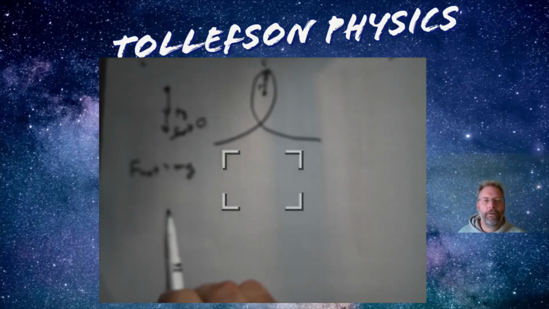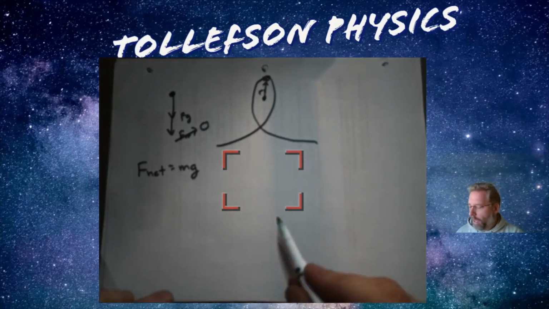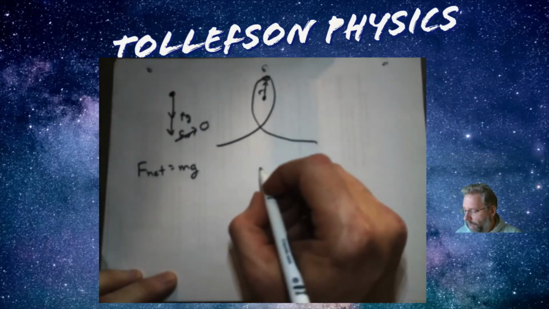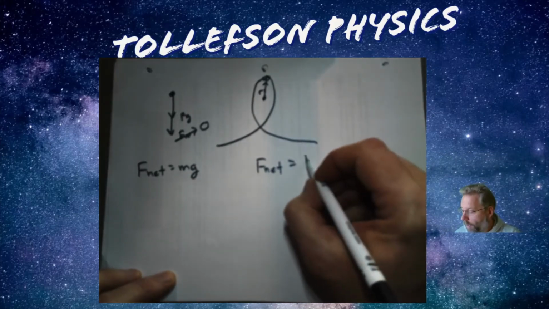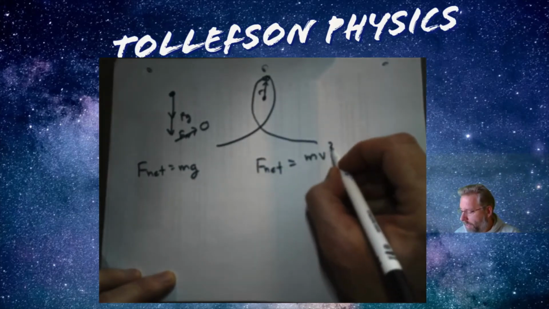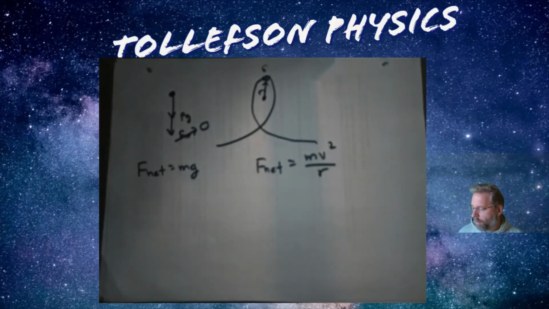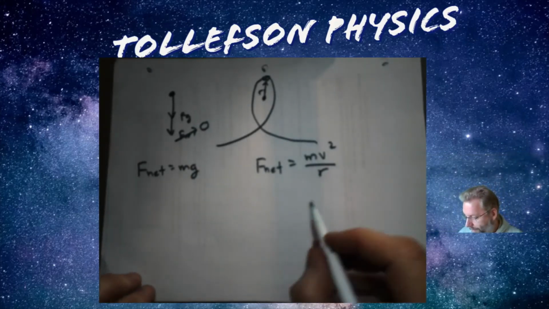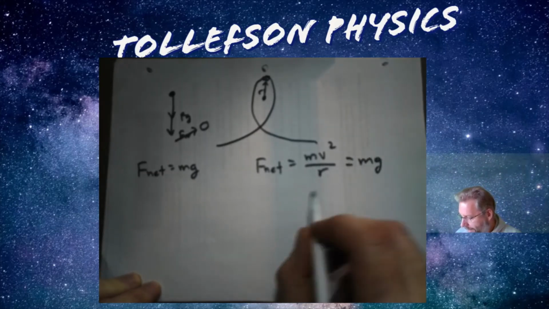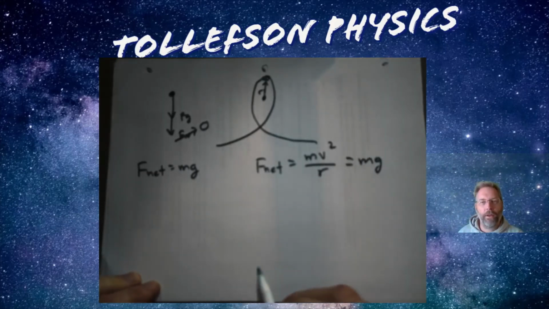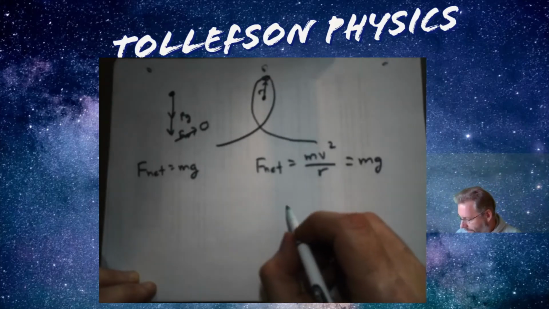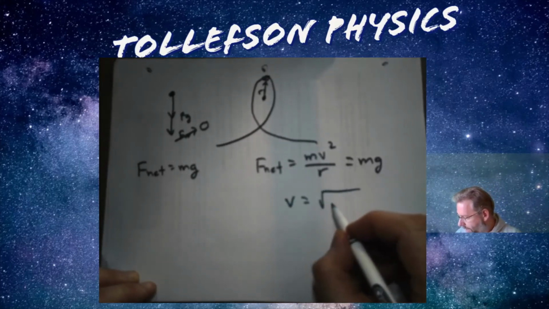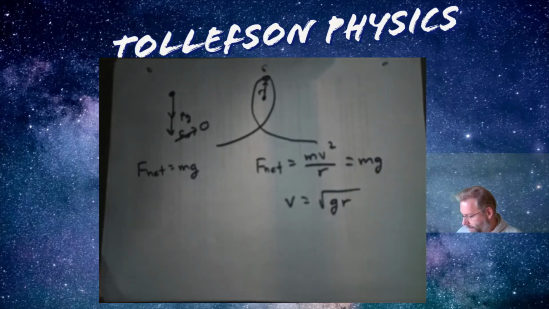Then I can use the other part of this: the net force due to traveling in a circle is the mass times the velocity squared over r. That's interesting. I'm going to get basically a similar result. It's the same setup as before, even though it looks like a different situation. Since we've done it before, I can just write it, and I usually write g r instead of r g.